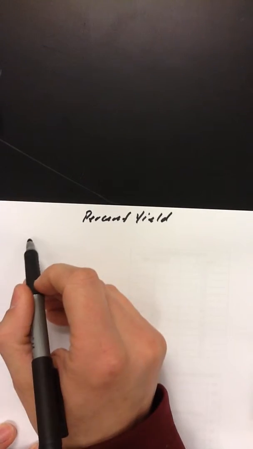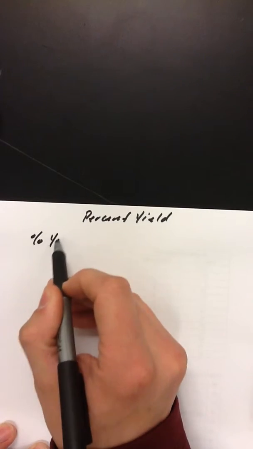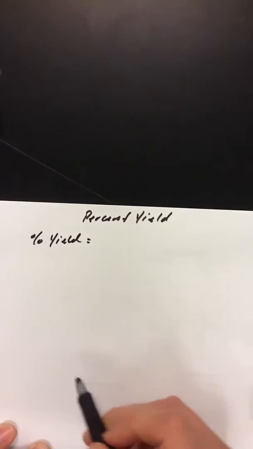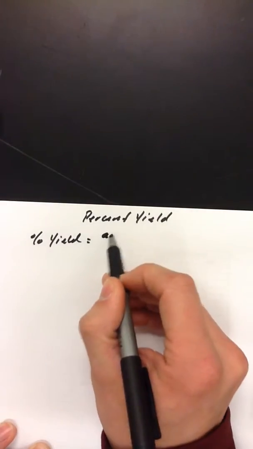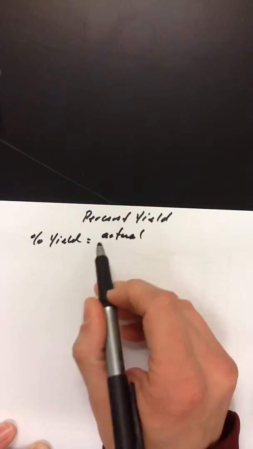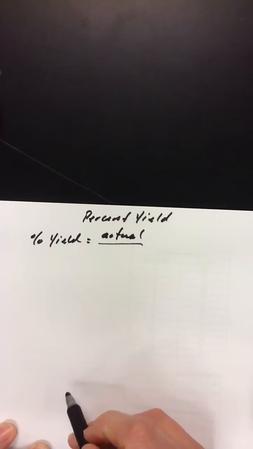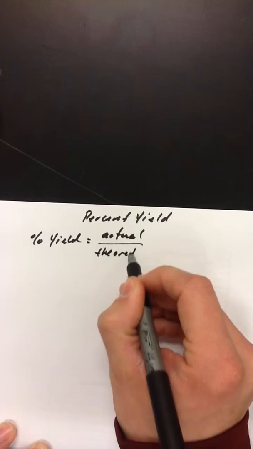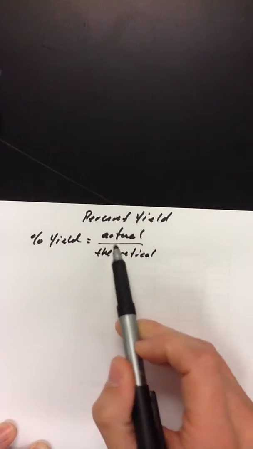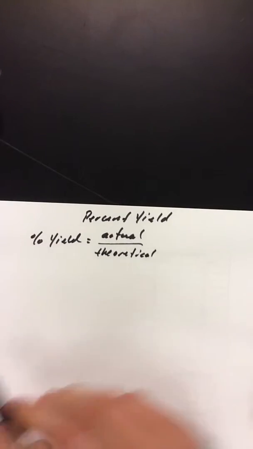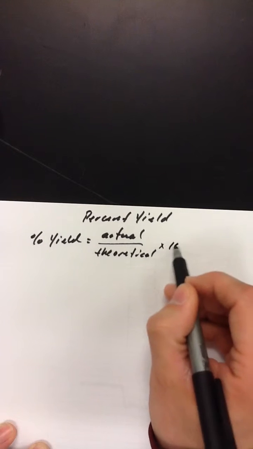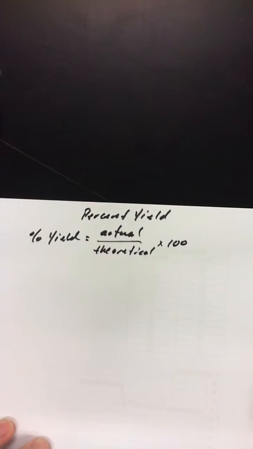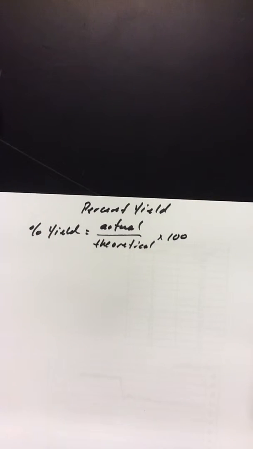So this percent yield we can find really easily just by knowing the actual yield, or how much we actually found through experimentation, divided by the theoretical amount. So this is the portion divided by the whole entire amount, and we multiply that by 100 and we get our percent.